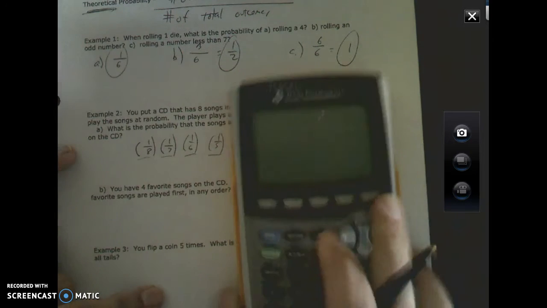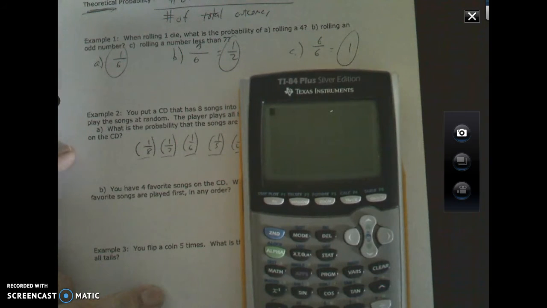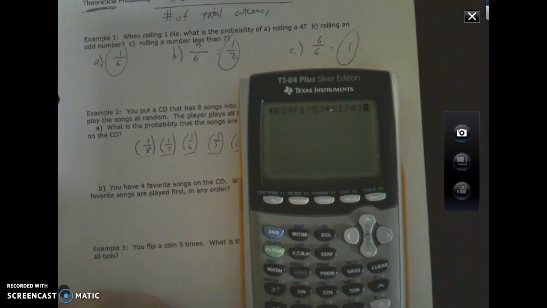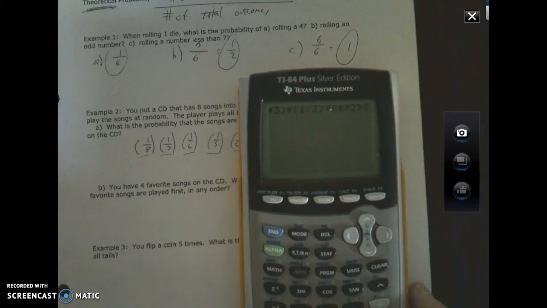So you can take your calculator, and I can do this all the way across. 1 over 8 times 1 over 7. Okay? And we get a very, very small number.